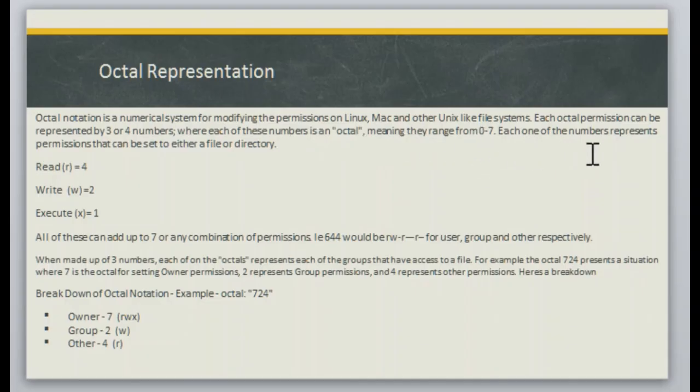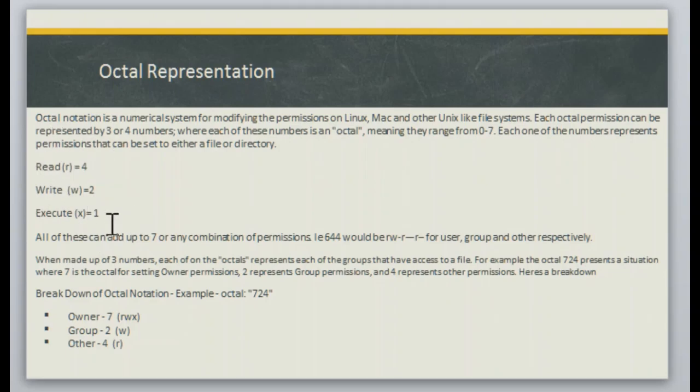Each one of the numbers represents permissions that can be set either for a file or a directory. Here we see the octal representation for each one: read, or R, is equal to 4, write, or W, is equal to 2, and execute, or X, is equal to 1. If we add all of these up, we get 7, and we can use any combination of these octals to represent certain permissions.